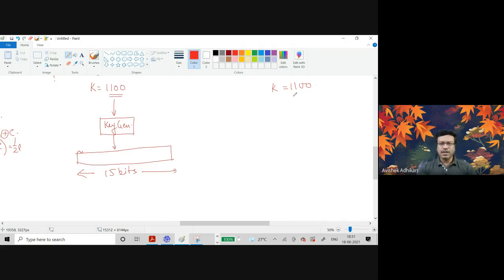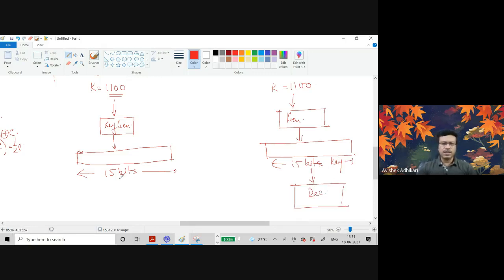Similarly, if you put it here in the key stream keygen, that will give you the 15-bit key. Now you can use it here in decryption, and here you can use it in encryption.